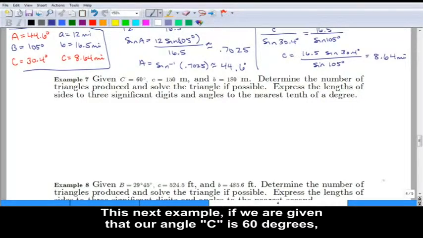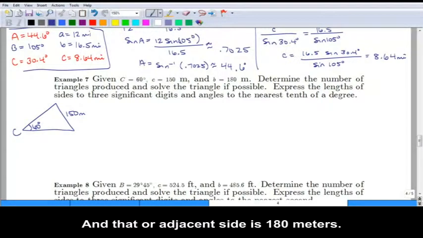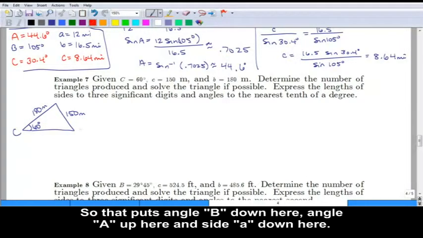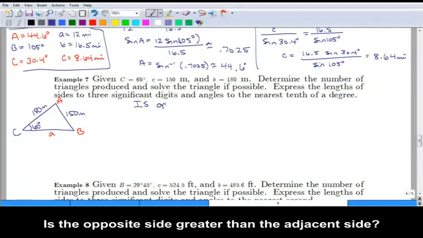This next example, if we are given that our angle C is 60 degrees, that opposite to that is 150 meters, and that our adjacent side is 180 meters. So that puts angle B down here, angle A up here, and side A down here. So again, first question, is the opposite side greater than the adjacent side?